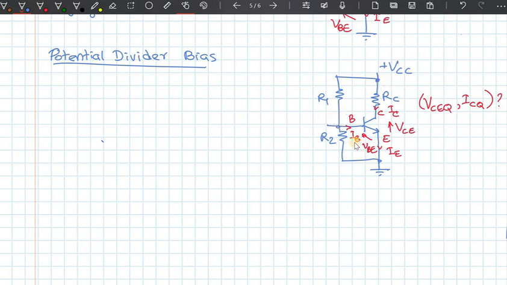But unfortunately, not in all cases it is like that, especially because if you choose R1 and R2 to be very small, there will be a larger current going through this. Typically IB is in the range of microamperes for small signal amplification, so it's certainly less than several milliamperes. So in order for that, let's say 1 milliampere current, to be very small, the current through R1 and R2 has to be much bigger.